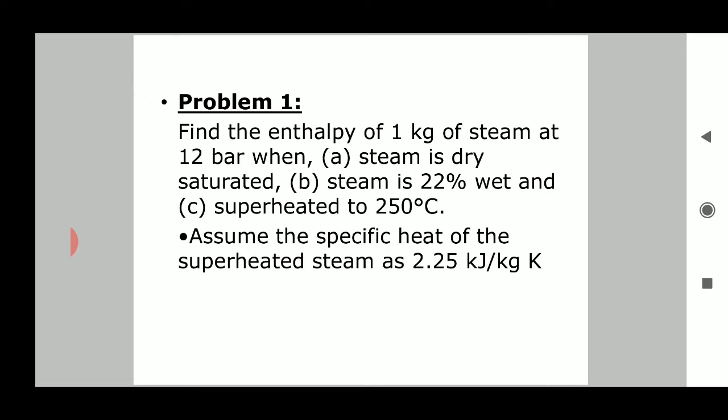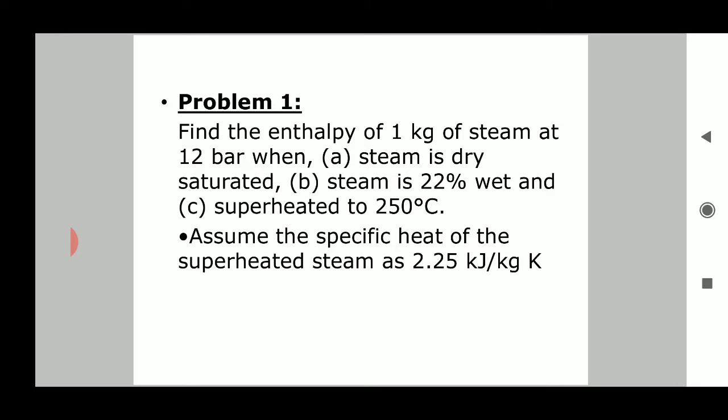So now we'll take the first problem. Find the enthalpy of 1 kg of steam at 12 bar. That means the pressure of steam is 12 bar when steam is dry saturated, when the steam is 22% wet, and when the steam is superheated to 250 degrees Celsius.